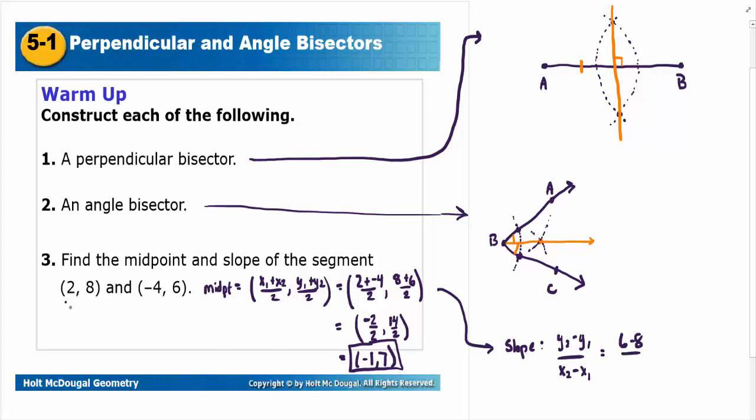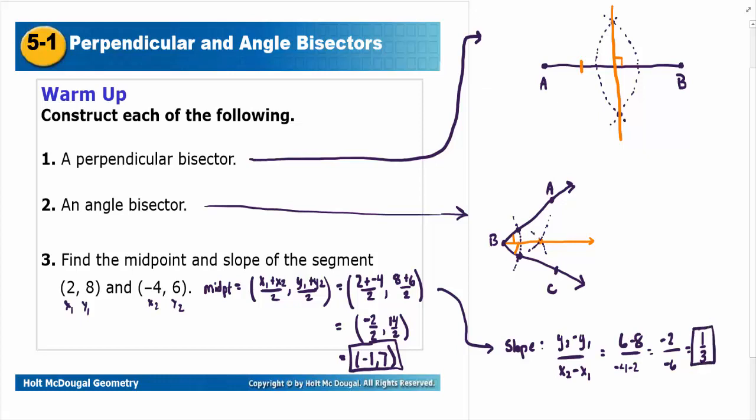Again, in both problems, I'm calling this x1, y1 and x2, y2. So y2 minus y1 is 6 minus 8. x2 minus x1 is negative 4 minus 2. So negative 2 over negative 6, which is positive 1/3 for your slope.